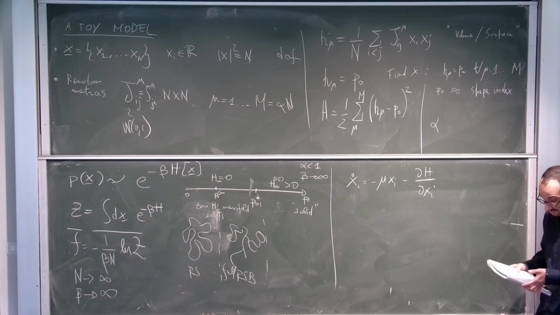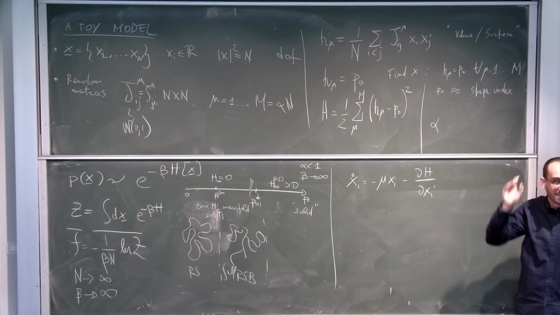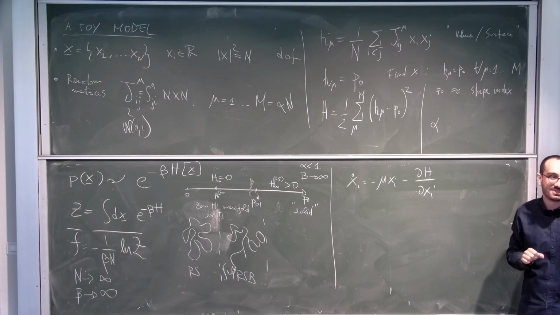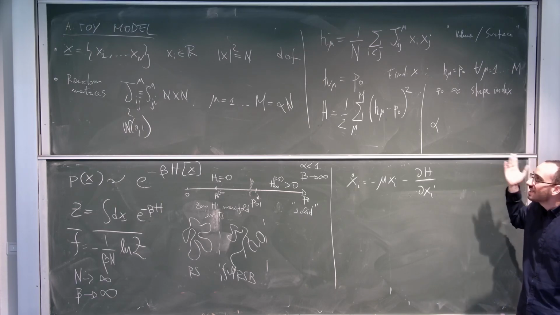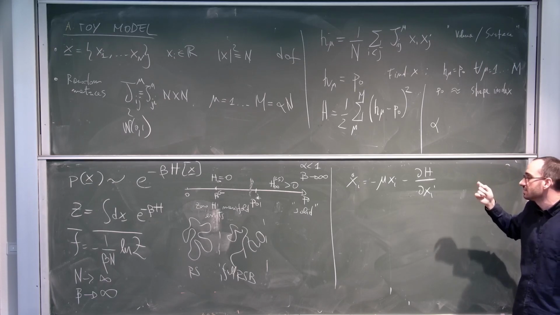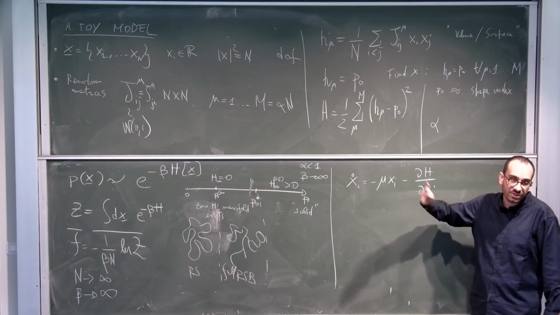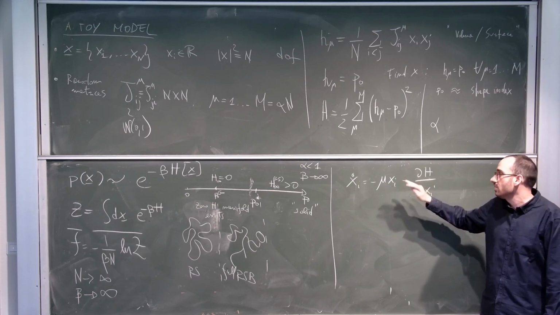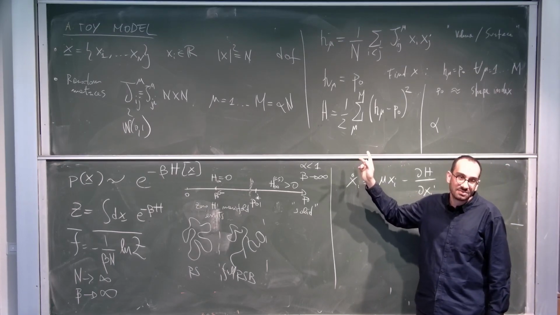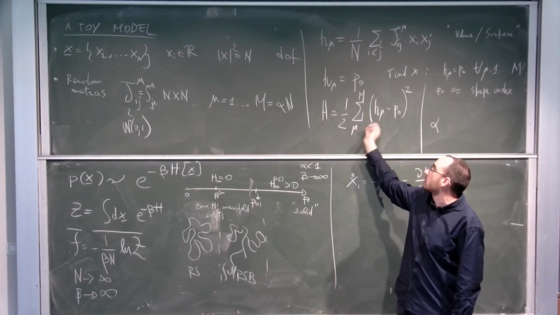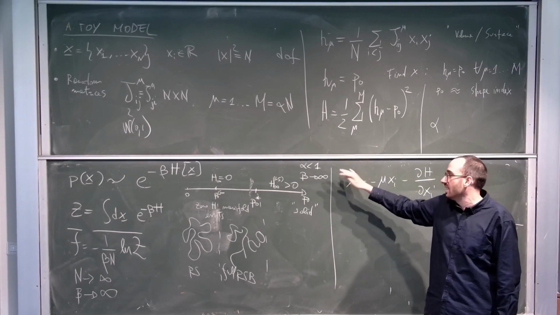Okay, so I don't know, maybe I don't have time. What I did next is that, for reasons that have nothing to do with biology, I quantized the model. I said, let me add quantum fluctuations to the model, and I studied the phase diagram.